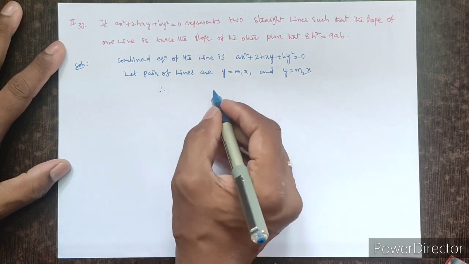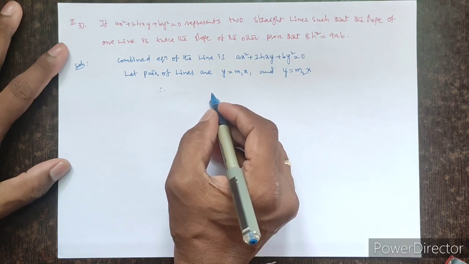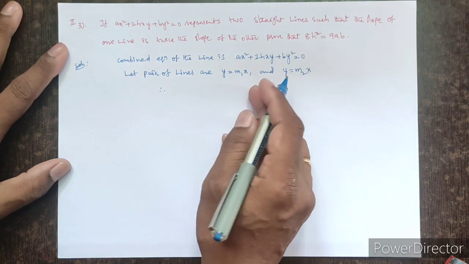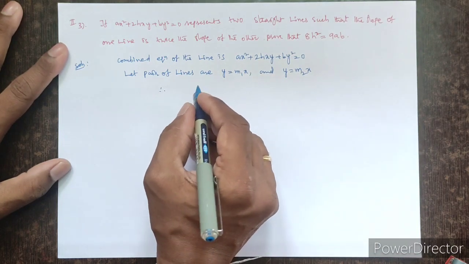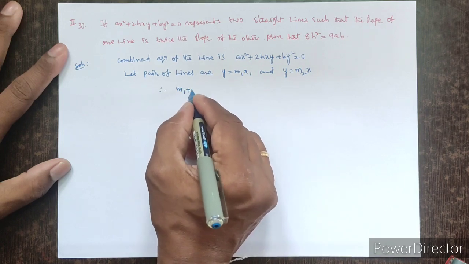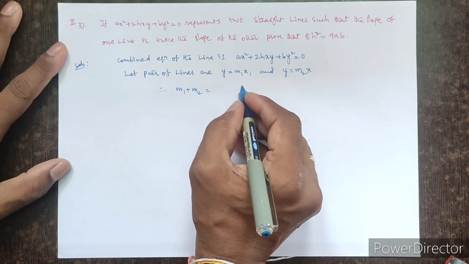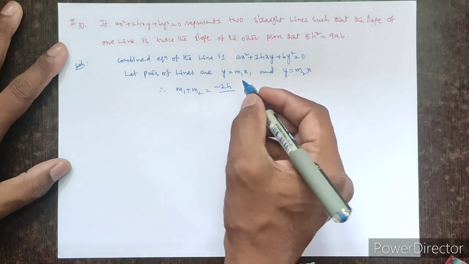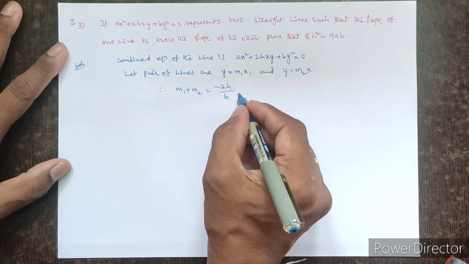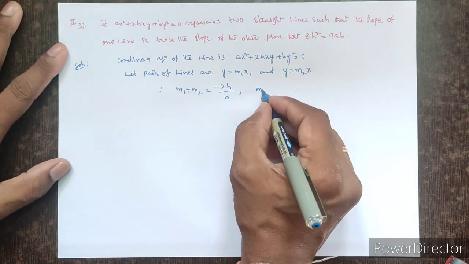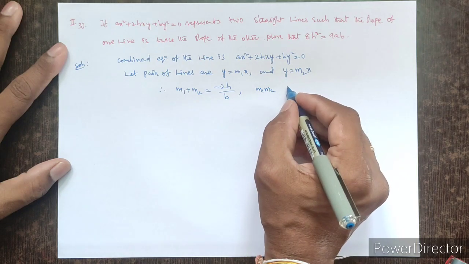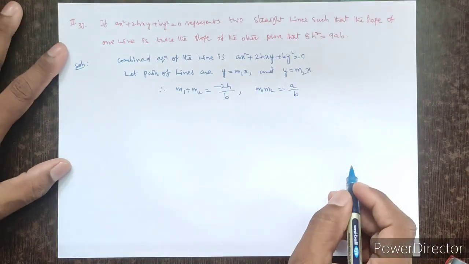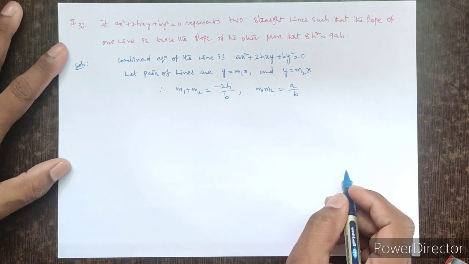Already we have the results: the sum of the slopes of these two lines, m1 plus m2, equal to minus 2h by b, and the product of the slopes, m1 m2, equal to a by b.